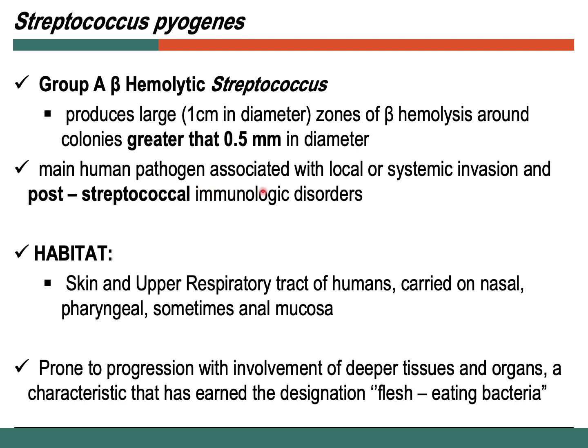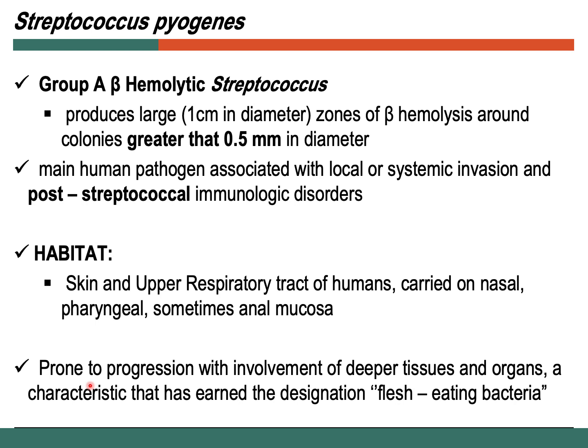human pathogen associated with local or systemic invasion, and it can also cause post-streptococcal immunologic disorders. Your Streptococcus pyogenes is not considered as human microflora, and this is acquired through droplets such as coughing and sneezing. The habitat of your Streptococcus pyogenes is the skin and upper respiratory tract, carried on the nasopharyngeal and sometimes in anal mucosa.